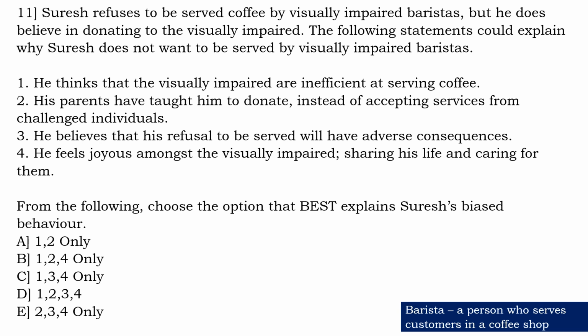If he is a person who feels very joyous in their company and getting their services, then he should actually be accepting their services, whereas he is not doing that. Means this option is not explaining his behavior. So 3 and 4 are not explaining his behavior. 1 and 2 are explaining why he refuses to be served by the visually impaired suppliers. So option A will be your answer here, which says 1 and 2 only. So that should be the answer.